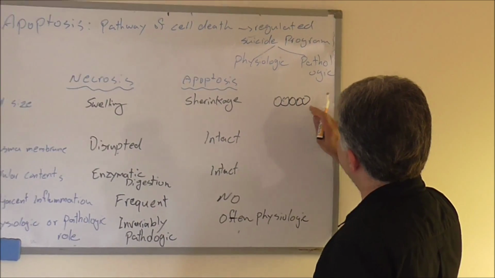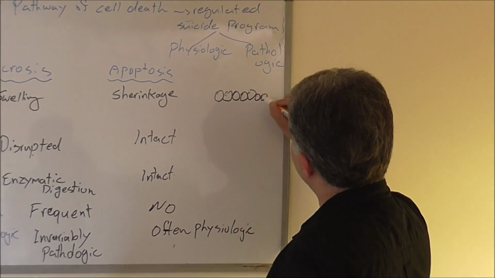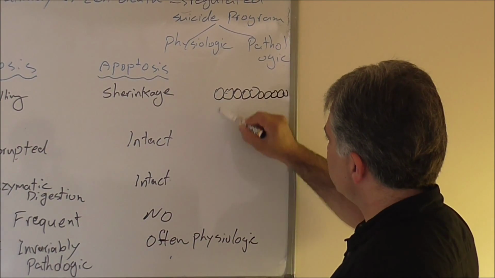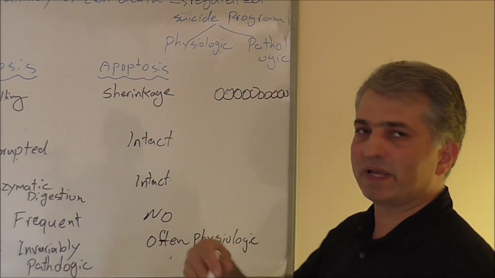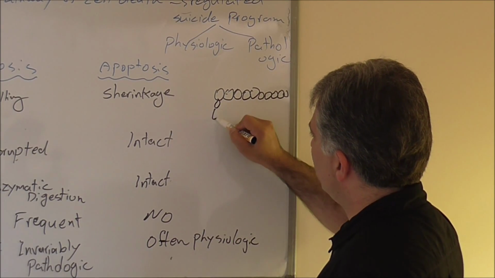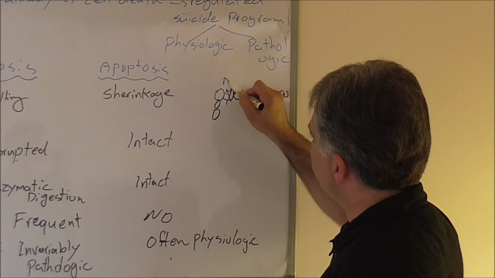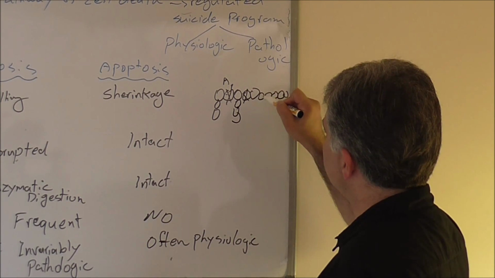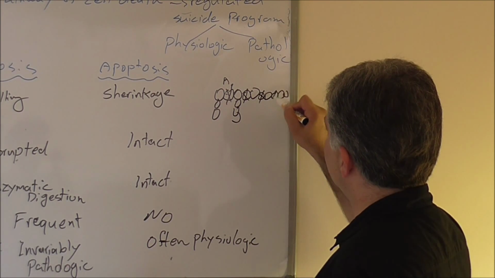Just for imagination, look at a very simple example like that. 1, 2, 3, 4, 5, 6, 7, 8, 9, 10. Imagine these cells want to make fingers, just as an example. This one will grow, this one goes to apoptosis. This one will grow, this one goes to apoptosis, and the same thing will happen.